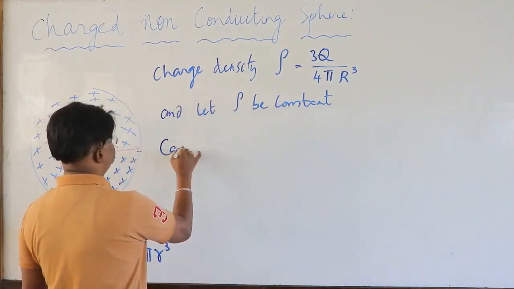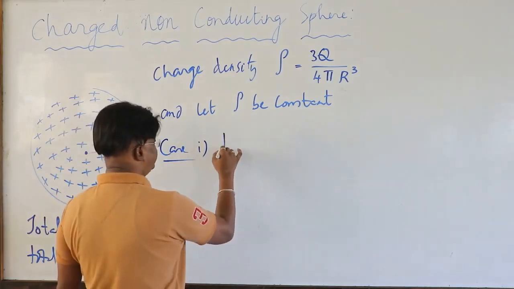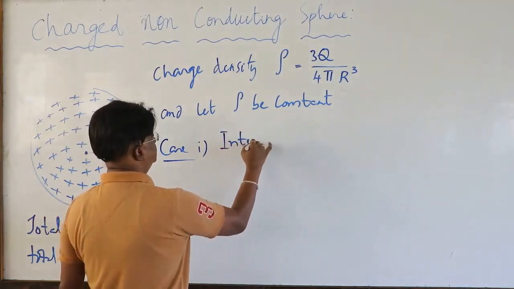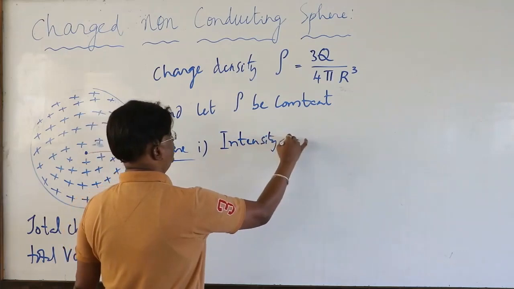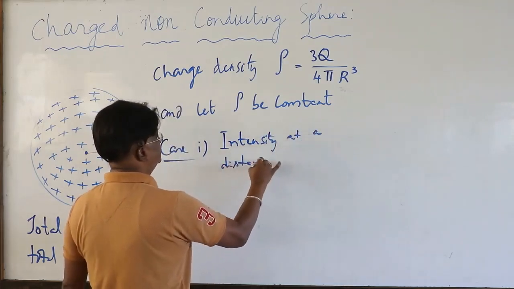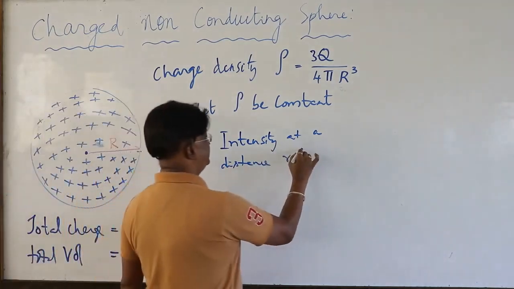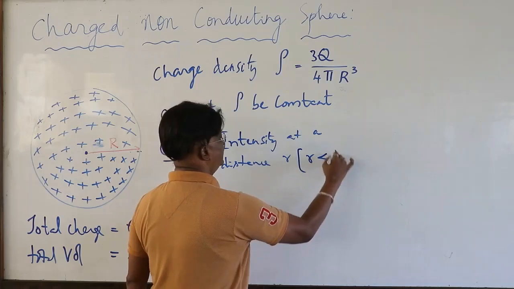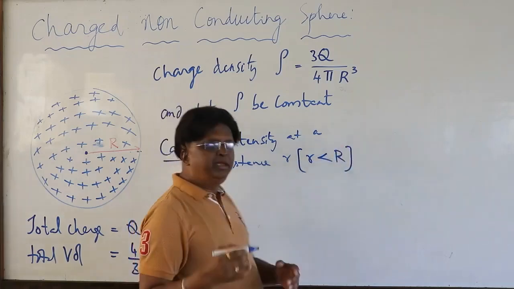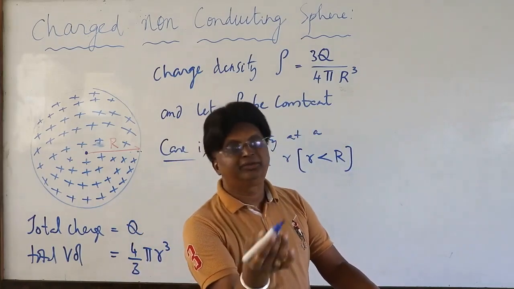Case 1: intensity at a distance small r, such that small r is less than capital R, that means it is an inside point. If small r is equal to capital R, it becomes a surface point.